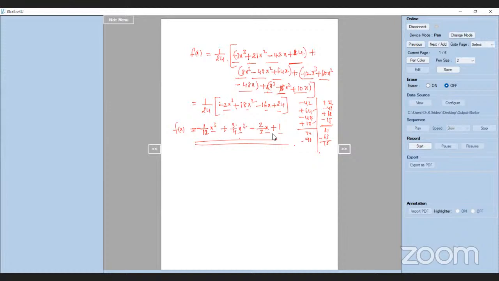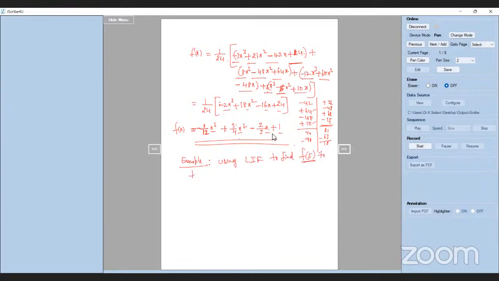Next, I will take another example. By using Lagrange's interpolation formula to find f of 5. That means x equal to 5 here.